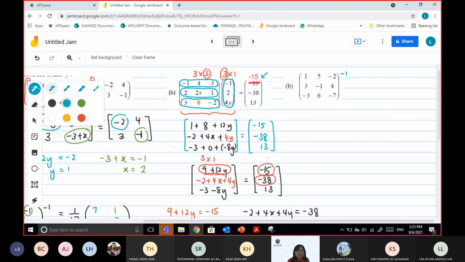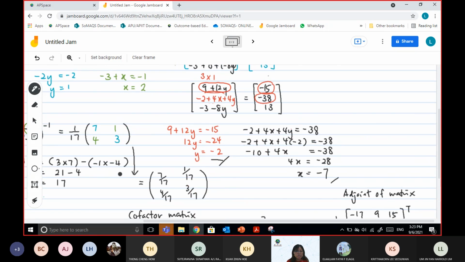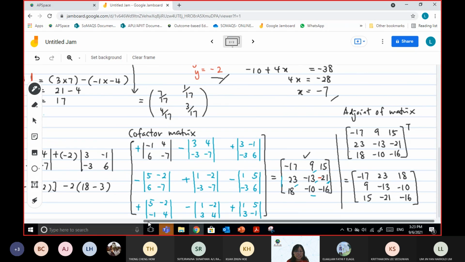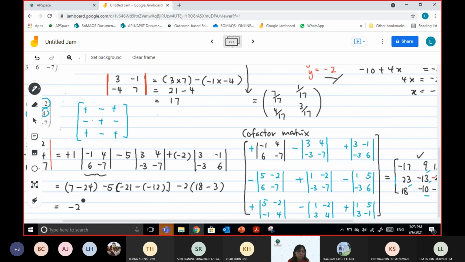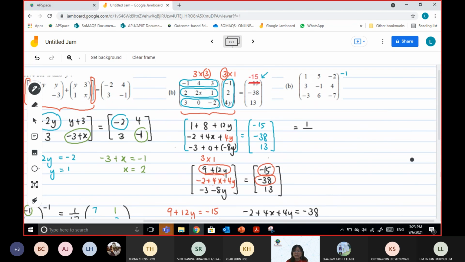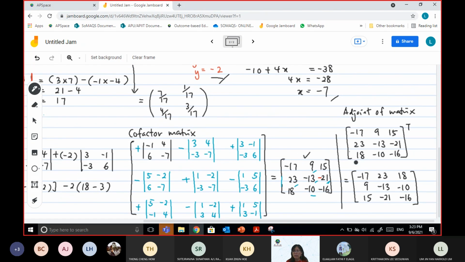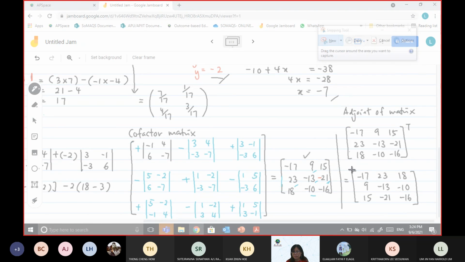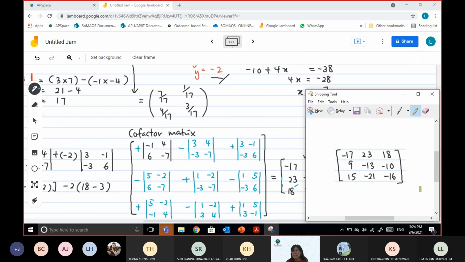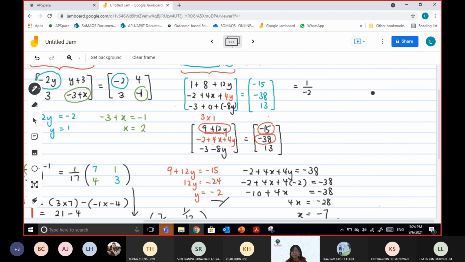The inverse of the matrix equals 1 over the determinant. Just now we got the determinant as -2, so that means 1 over -2, then you need the adjoint of the matrix, which is here.